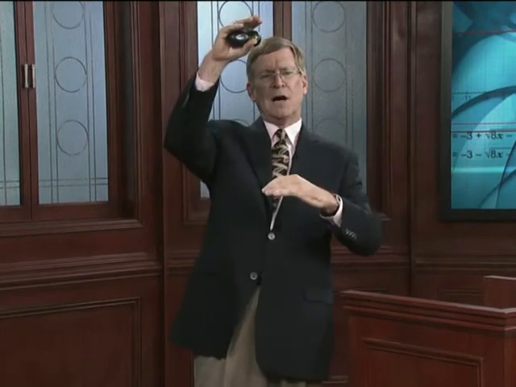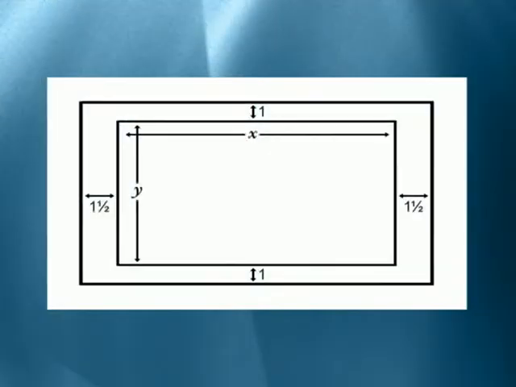And let's assume the margins on each side, on the left and the right, are 1.5 inches. And then on the top and the bottom, let's say 1 inch. So it's 48 square inches of printed material, and then you have these margins, 1.5 inches on either side, 1 inch on the top and the bottom. Here's a picture of the setup.